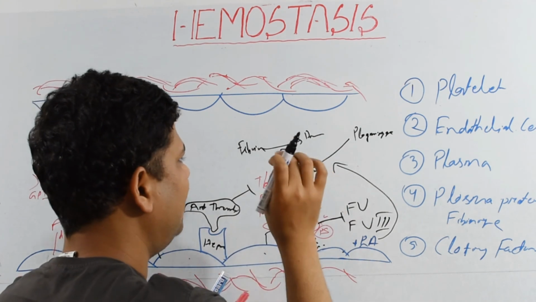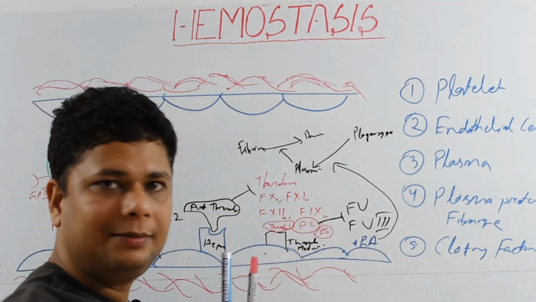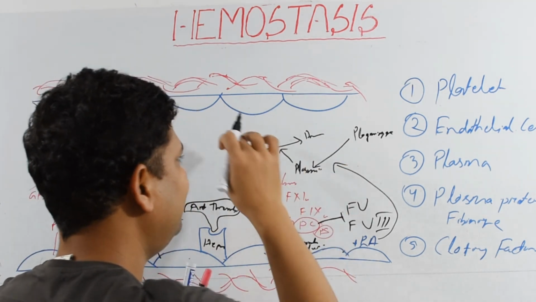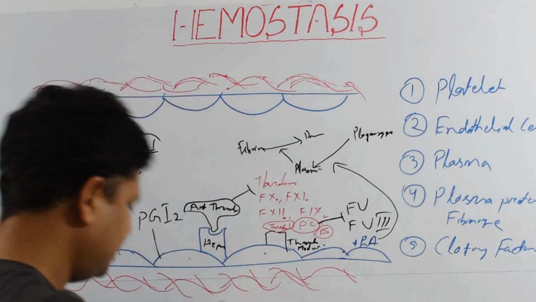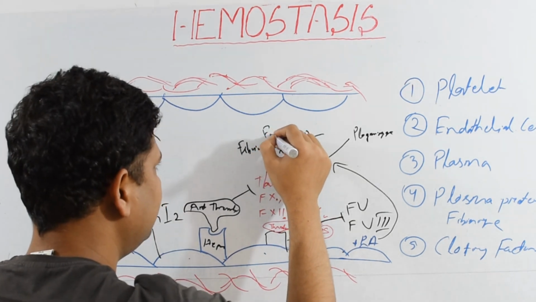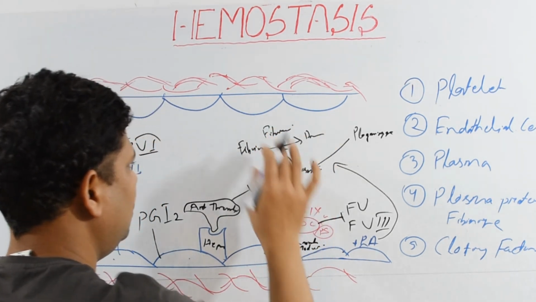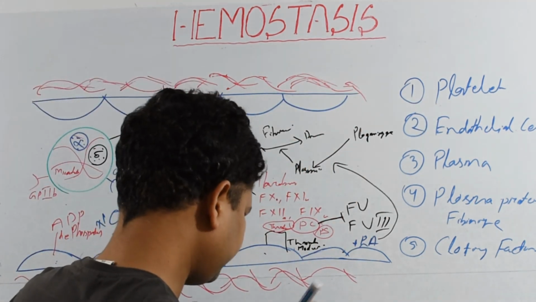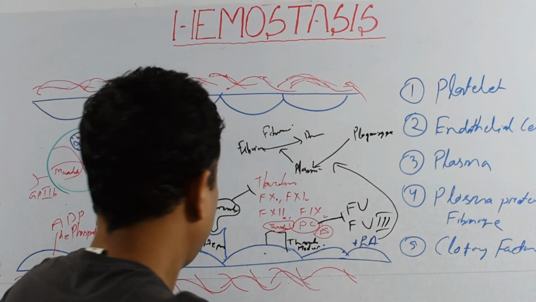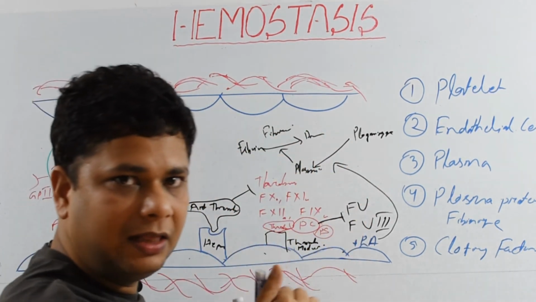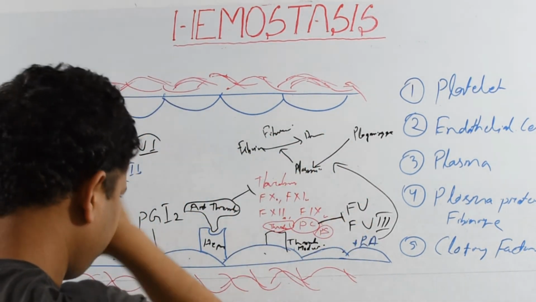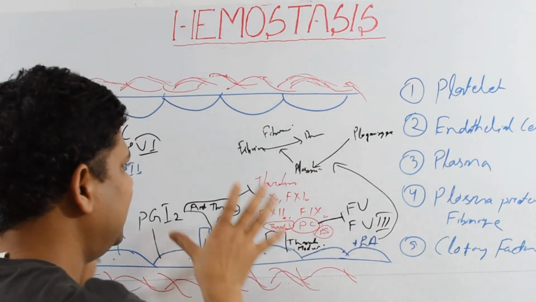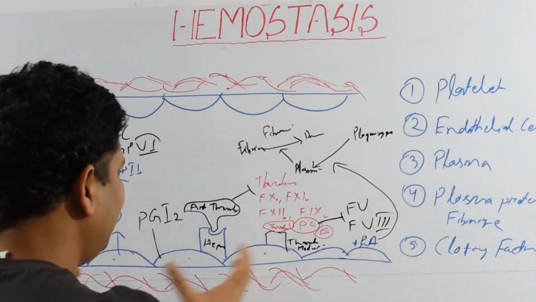So if there is some fibrin present in the blood, this plasmin will degrade it. This is called fibrinolysis. We will see this at a later stage also. So these are the components in the blood which keep the blood flowing and inhibit these clotting factors from clotting.